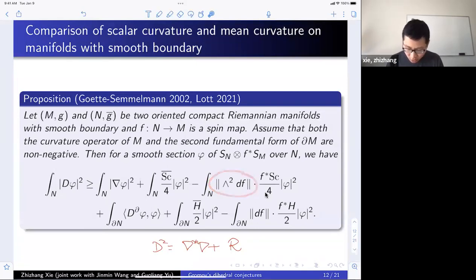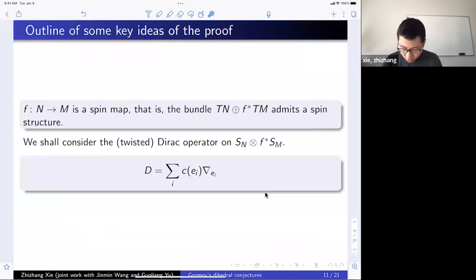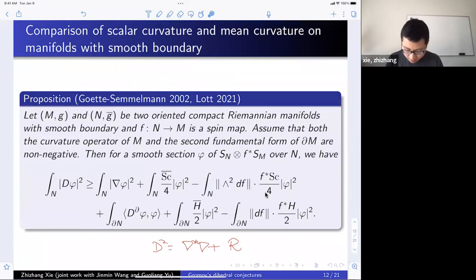You don't have to assume F is distance decreasing or area decreasing. Actually, you can put the actual factor here to make it very precise. What I'm trying to say is that for this theorem, there's a slight generalization. You can put some factors here according to how F rescales the metric locally. But let me just focus on this case.